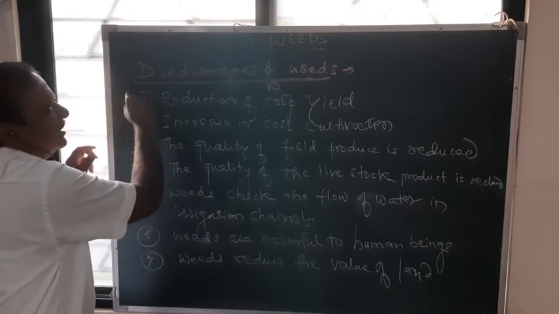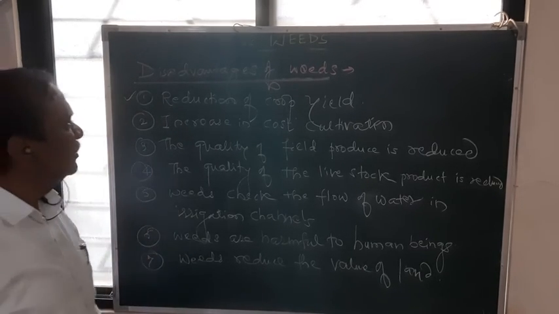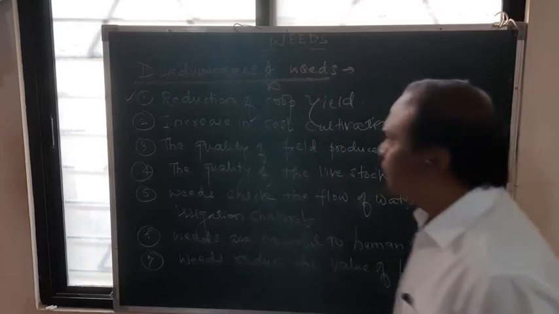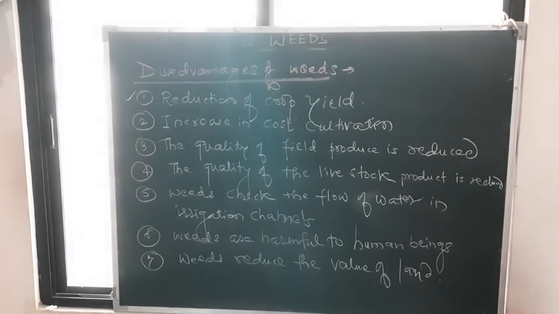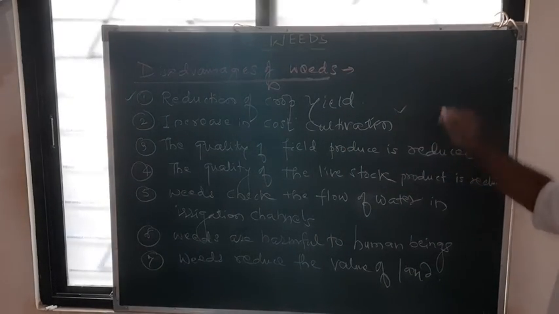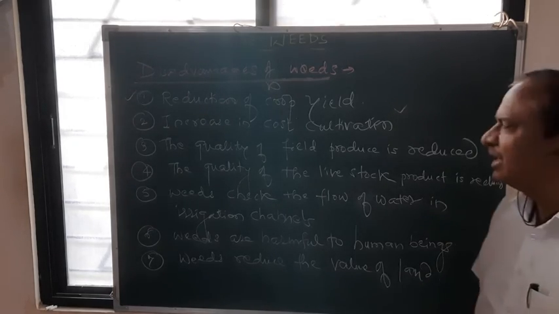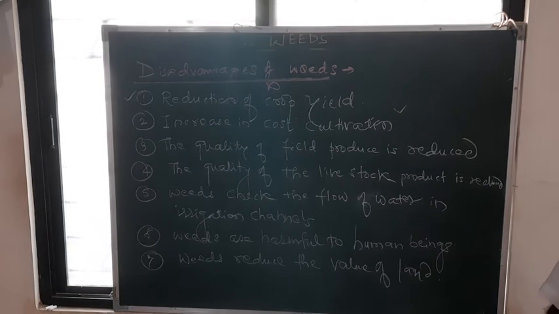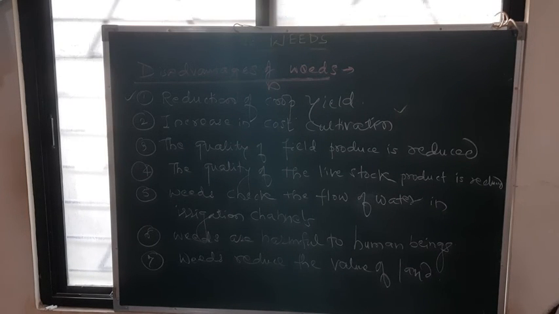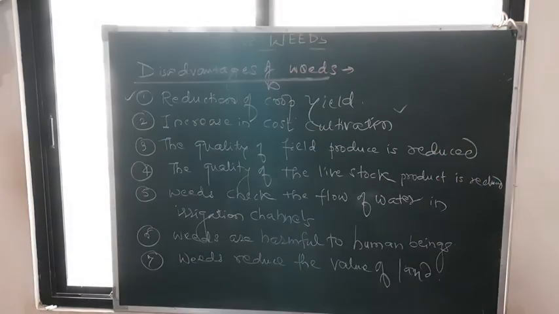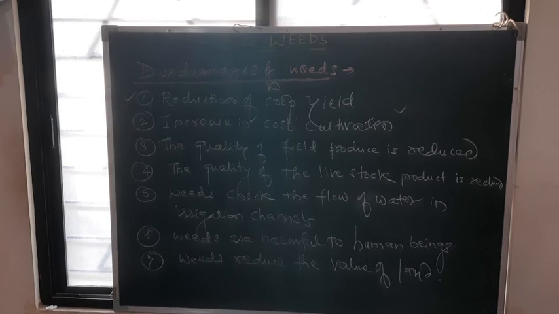Means it reduces the crop yield. This is also the most important disadvantage. Then they increase the cost of cultivation. Means tillage is compulsory, and for that certain economic burden is also there, because they increase the cost of cultivation. Then next, the quality of field produce is reduced.